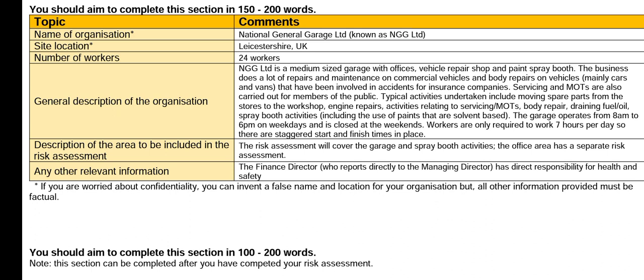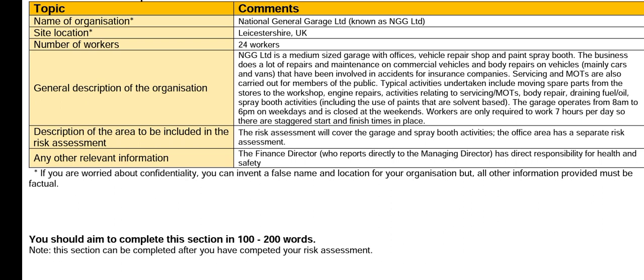Okay. Next, the description of the area to be included in the risk assessment. The area which we will include in the risk assessment, we will mention. Here they mention that the risk assessment covers the garage and spray booth activities. The office area has a separate risk assessment.